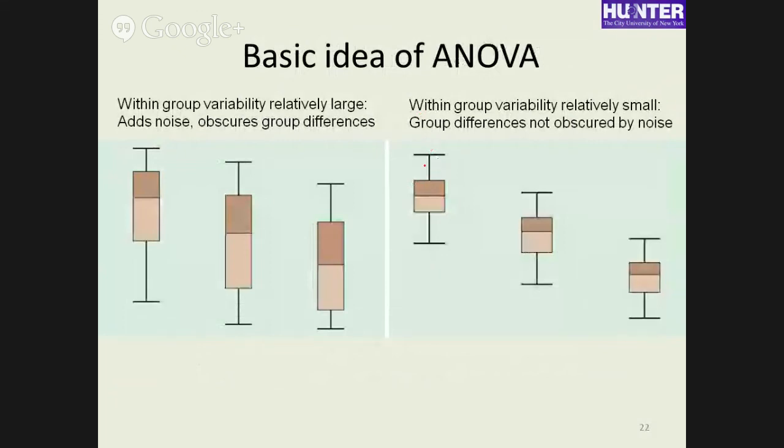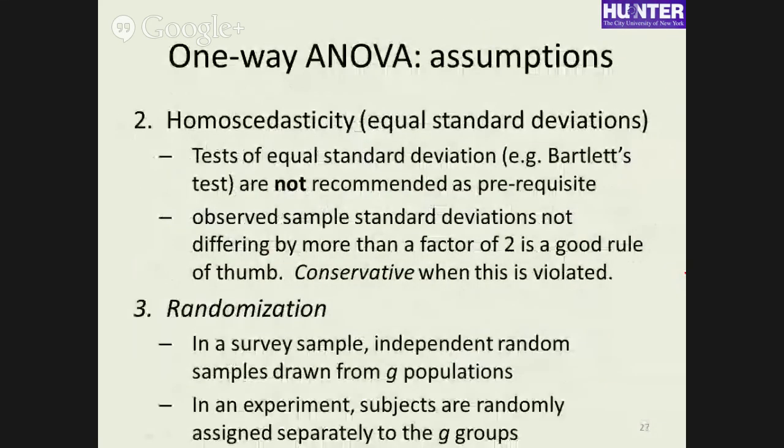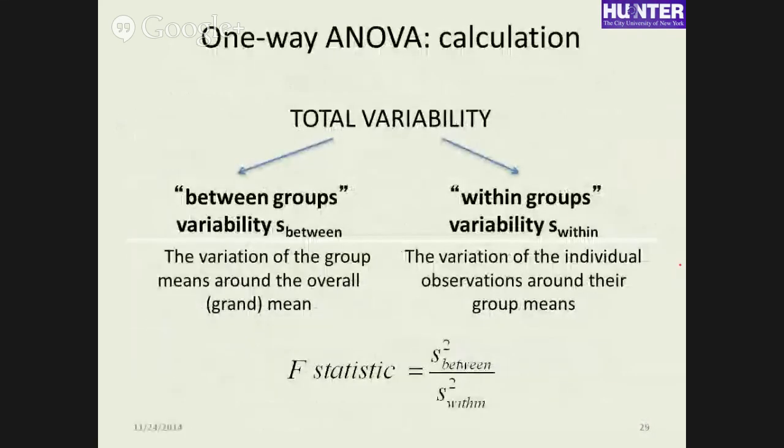The between group would just be 3 points here, here, and here, and it would be the standard deviation of those 3 points weighted by the number of data points in each. So all of the variability you see in your data is going to be attributed either to within group or between group variability.